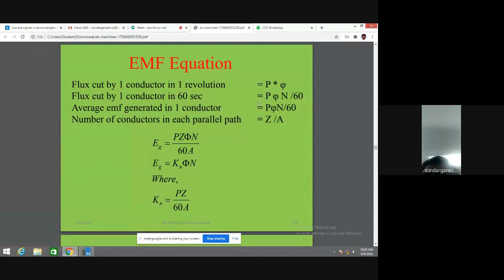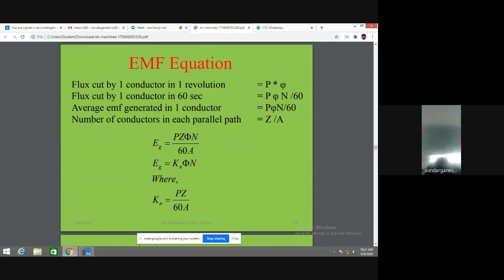Next we write Eg equal to Kn pi N. Why are we doing this? Because Kn is a constant. The number of poles will not change, the number of conductors will not change, the number of parallel paths will not change, and 60 will not change.